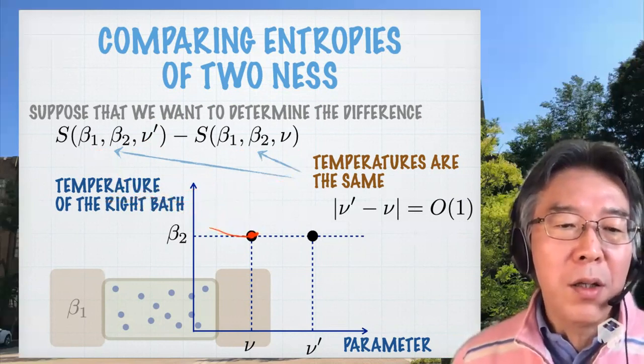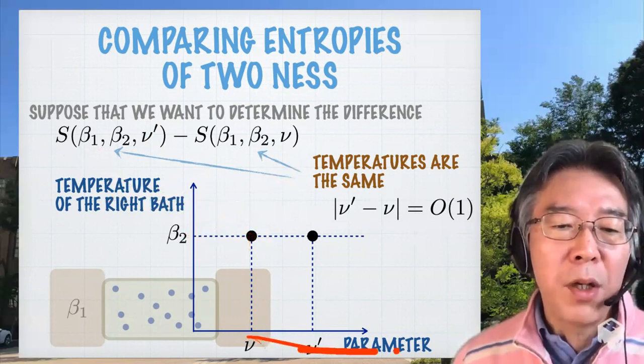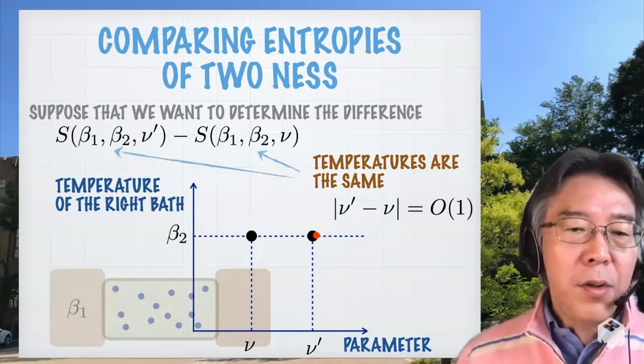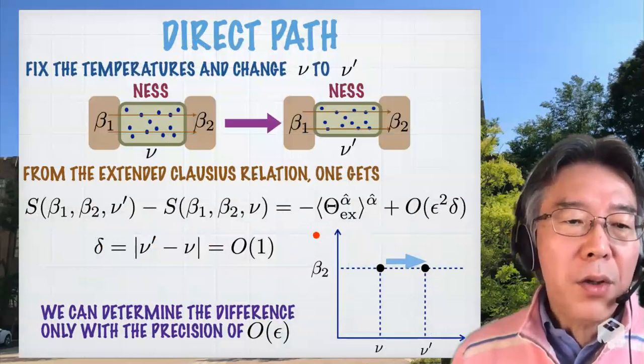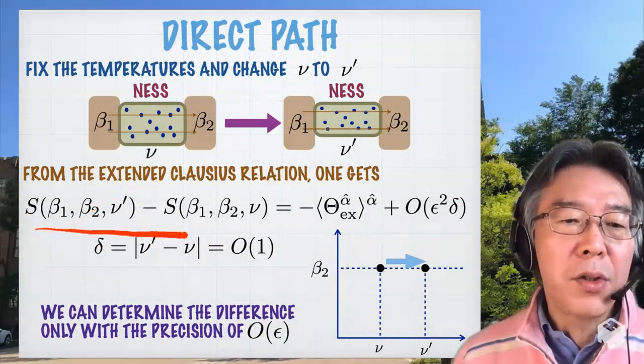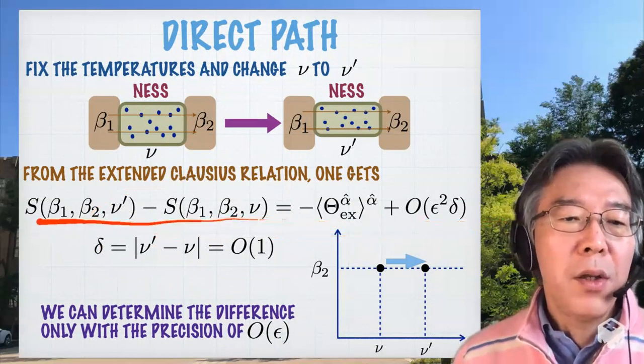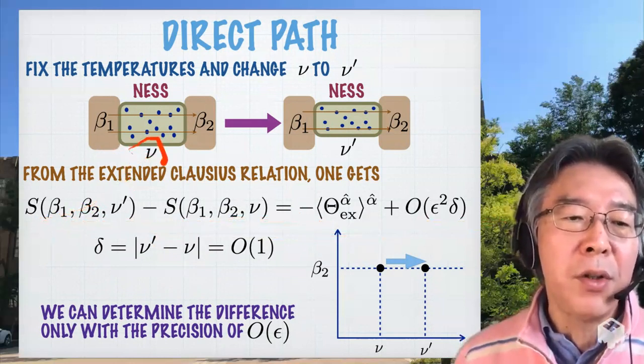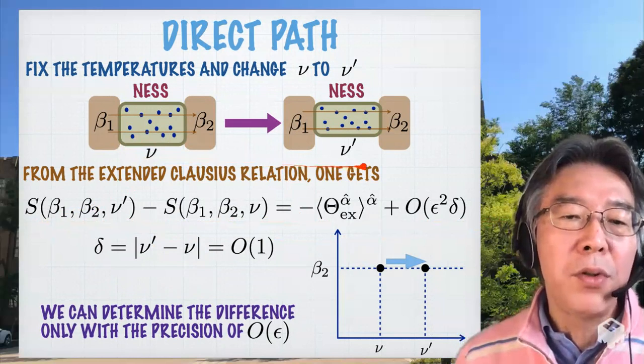But here the temperature of the right bath are the same, and I only change the parameters. And I want to compare the entropy here and here. Okay. And now, if we use our extended Clausius relation in this situation, I fix two temperatures and I gently change nu from nu to nu.